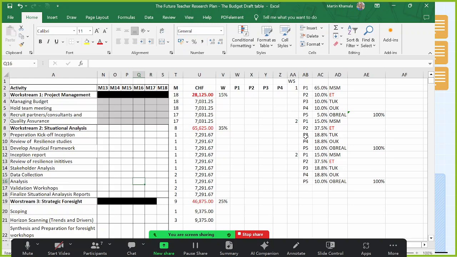So if we put this allocation, we need to consider that the equal weight of work conducted in each institution must be the same. So when we divide TUK and OUK to have this, it means they are only going to do half of these activities, not carry the entire workload.